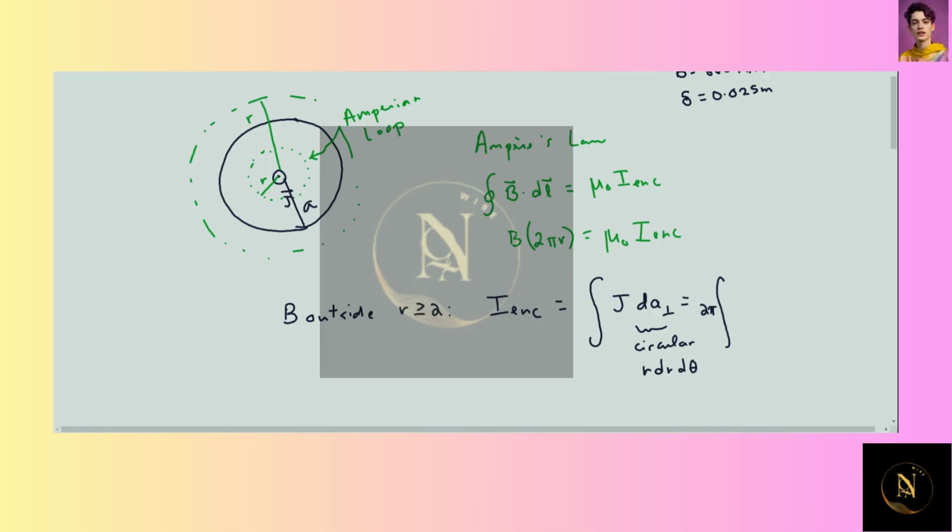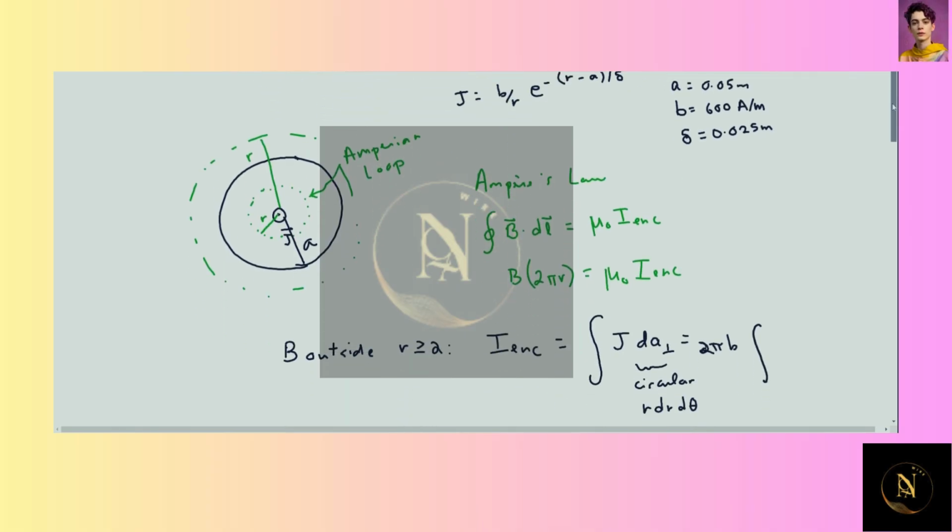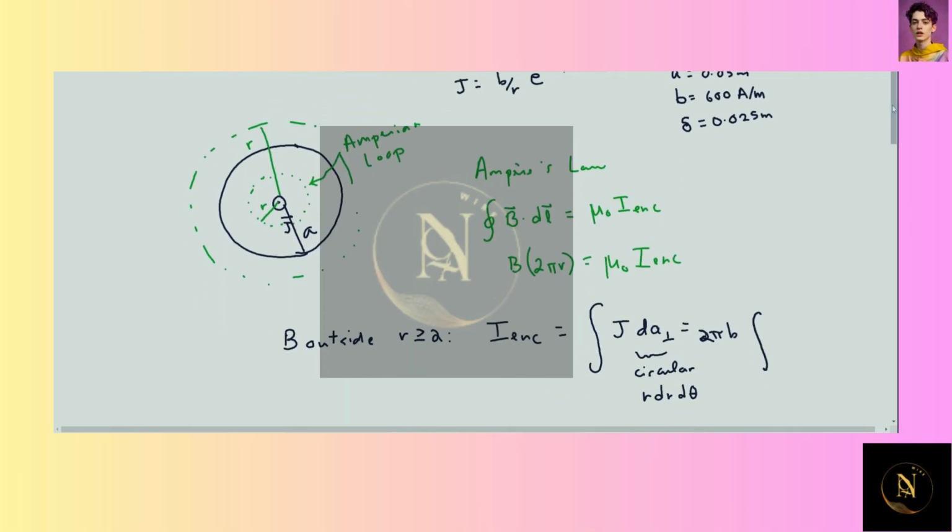Let's put the constants out in front. So we know we don't have to integrate over a constant. 2 pi B. And then the current, let's see, there's a 1 over r that will cancel the r inside the integral.